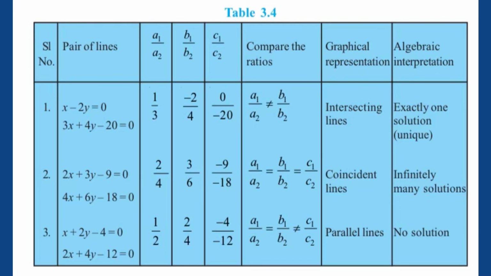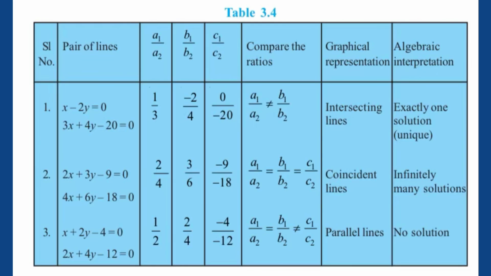For the third example, the equations are x plus 2y minus 4 is equal to 0 and 2x plus 4y minus 12 is equal to 0. So a1 upon a2 is 1 by 2, b1 upon b2 is 2 by 4, and c1 upon c2 is minus 4 by minus 12. So here you can see that a1 upon a2 is equal to b1 upon b2, because b1 upon b2 is 2 by 4, which is equal to 1 by 2.